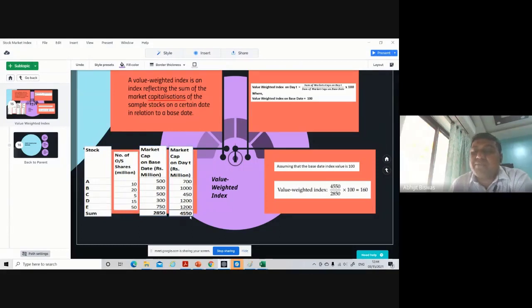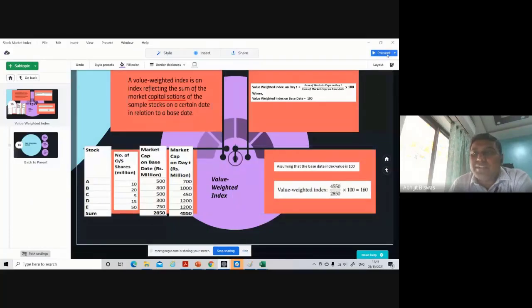So the total is 4550. Very simple: you take the ratio of this sum and this sum, and multiply it by 100. That will give you the value weighted index. So the value weighted index is 4550 divided by 2850 into 100, that is 160.